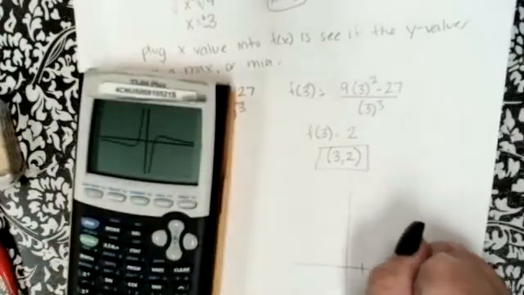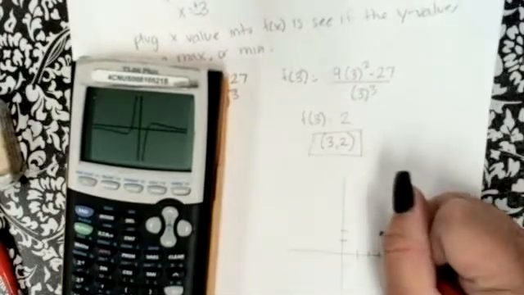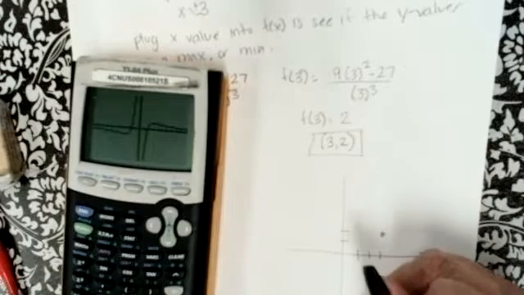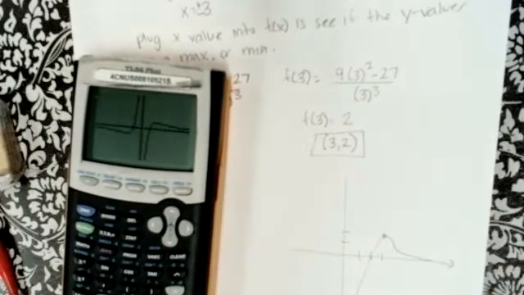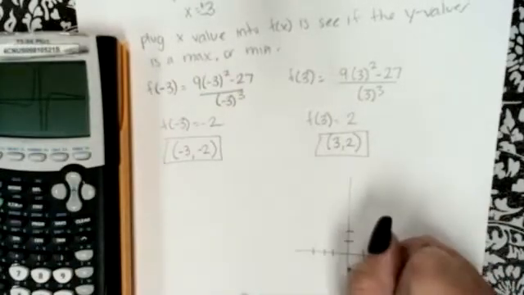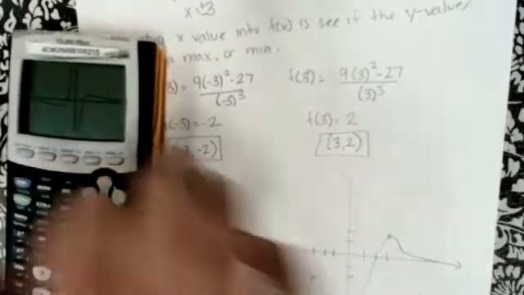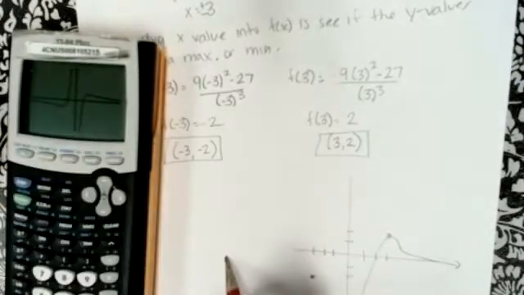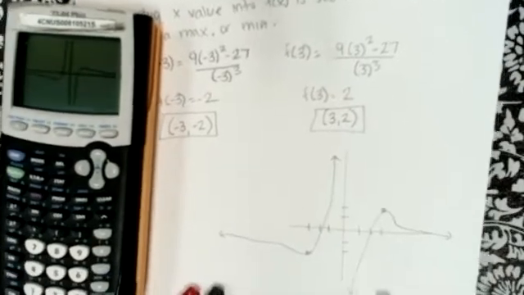So this is what the graph looks like. At 1, 2, 3, it goes up to 2. That was this point. And then this point right here is negative 3, negative 2.